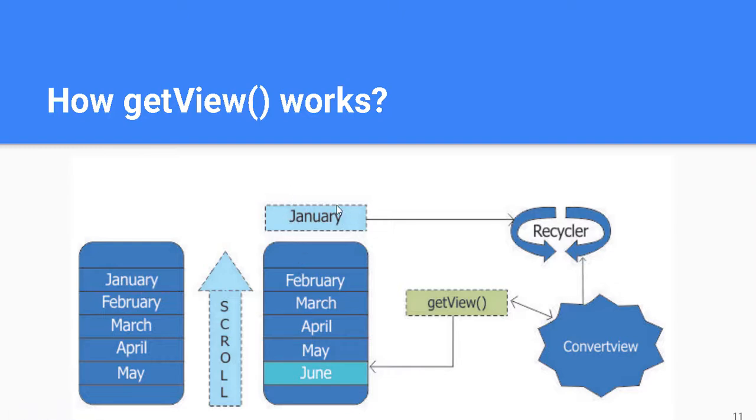So now we have February in the first position and so on, but a single space remains, where your getView method will reuse the space occupied by January. So using getView, it tries to recycle and convert that view. Using getView, it will return a new object in place of the out-of-focus object. This is how your getView method works.